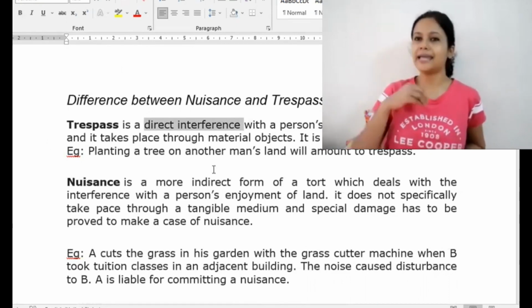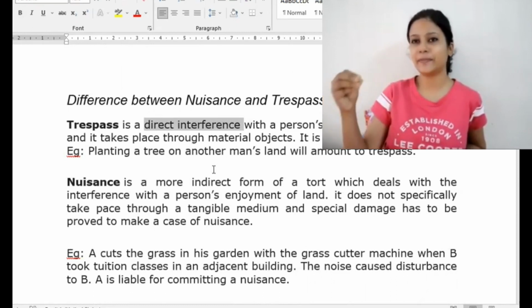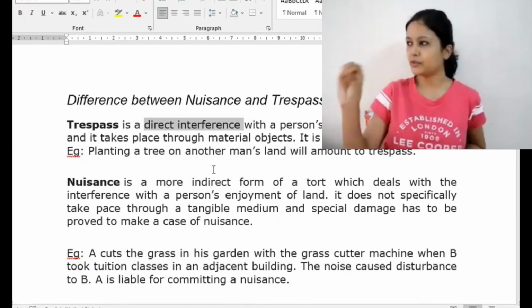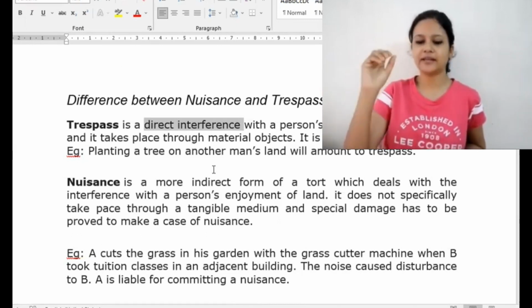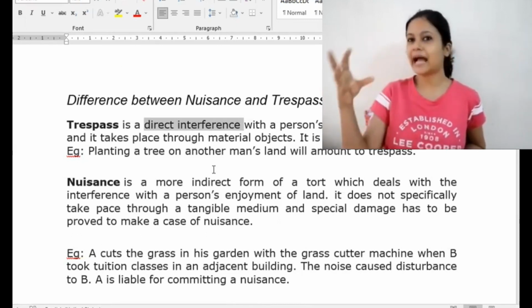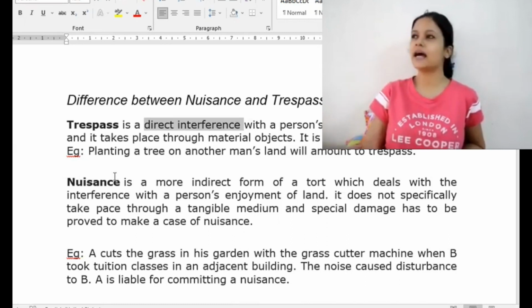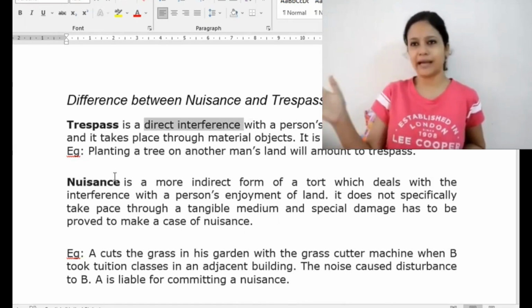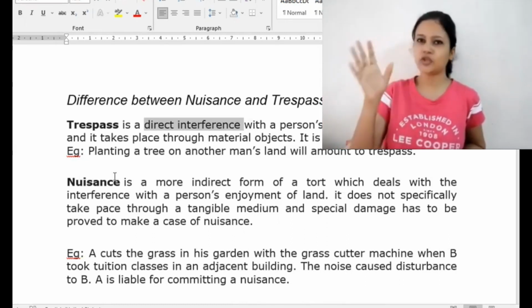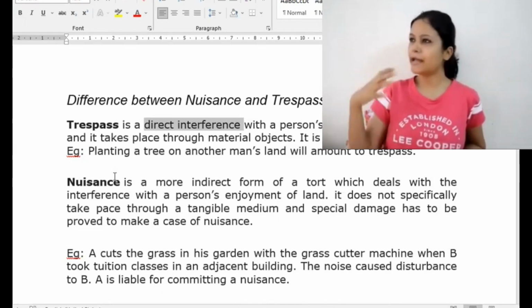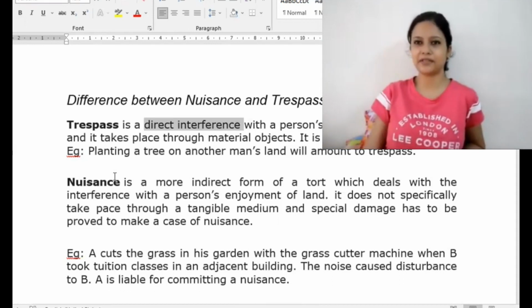Maybe I entered somebody else's premises without the person's permission. I went to the person's plot, I planted a tree there. It is like I am directly going there, right? Direct interference is there. But in case of nuisance, I am doing something in my premises only. I am just within myself, but still from my premises something escapes and my neighbor is disturbed.